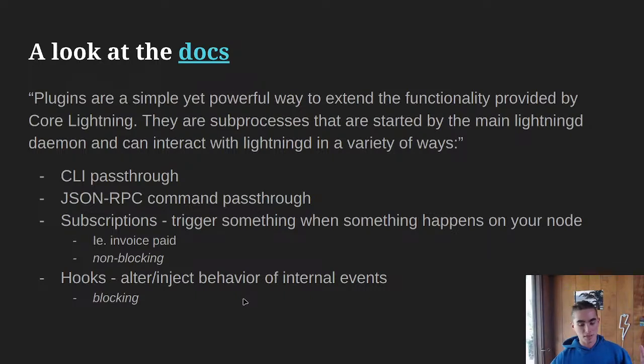That event won't be completed until your code has completed. So we're not really gonna look at hooks. We're gonna add some CLI and JSON RPC commands, and we're gonna subscribe to an event once we start writing our plugin.